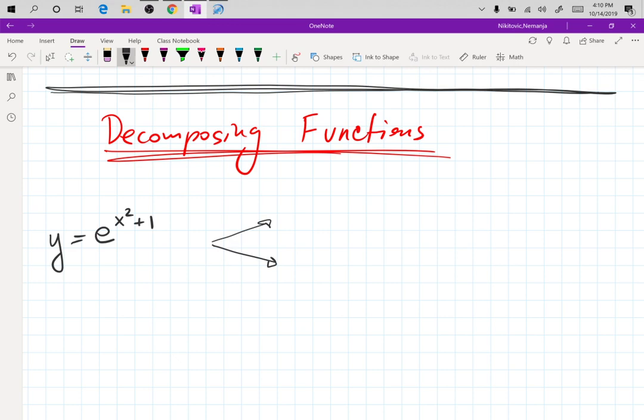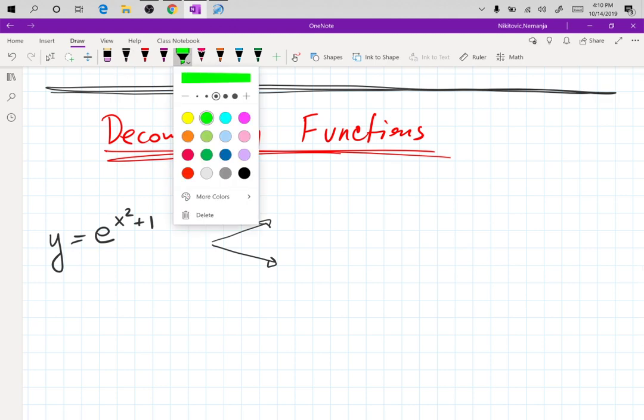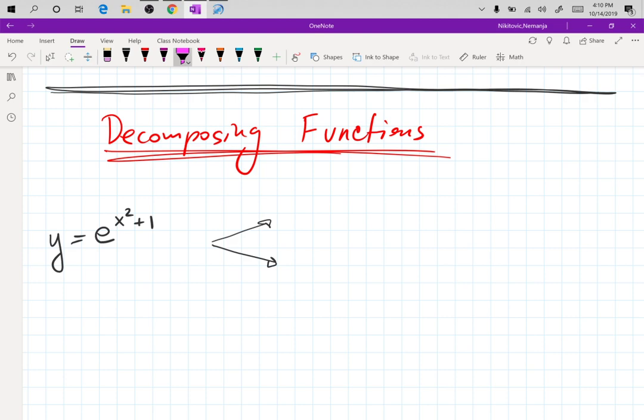So you see e to the x. Do we all see e to the x? It's a basic function. And that would be our f, would be e to the x. And then g, which is the function that plugs into x, is what? Well, whatever I crossed out with x. X squared plus 1. Perfect.